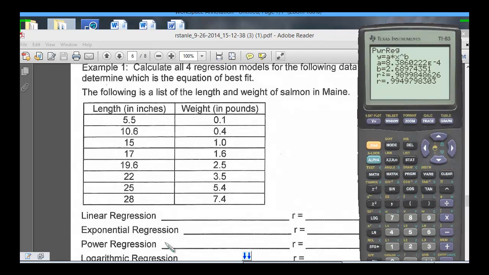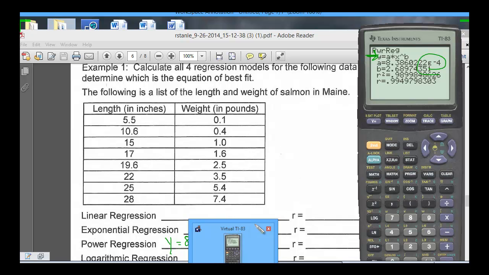The power regression equation will be in this format: y equals 8.386 times 10 to the negative 4 times x raised to the 2.690. The correlation coefficient is 0.994980.